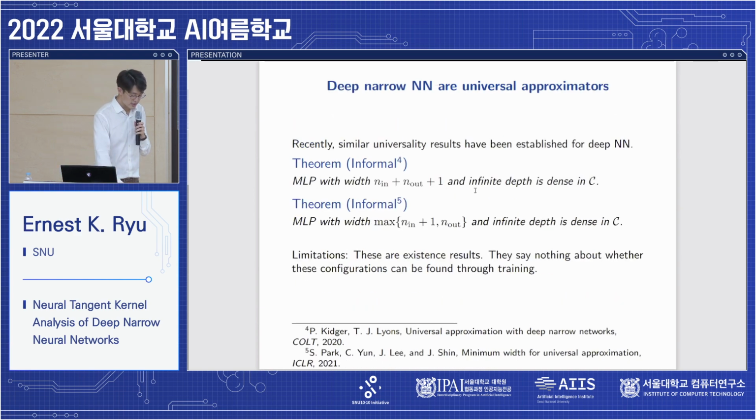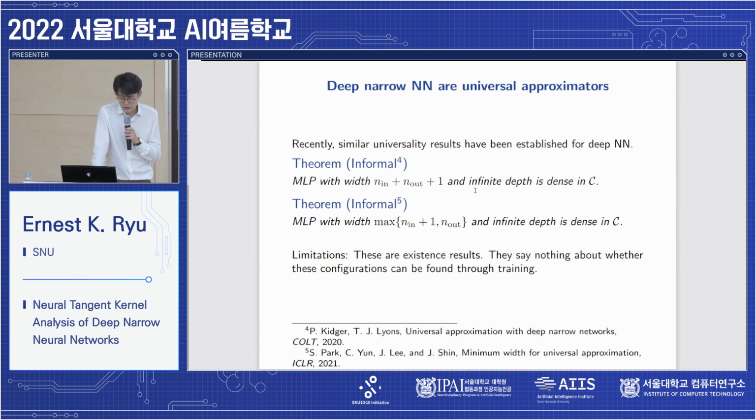So because of this concern, people have started, in recent years, to analyze deep neural networks rather than wide neural networks. The classical universal approximation theorem considers the universality of infinitely wide neural networks. But what about infinitely deep neural networks? There are now many universal approximation results for deep narrow neural networks.